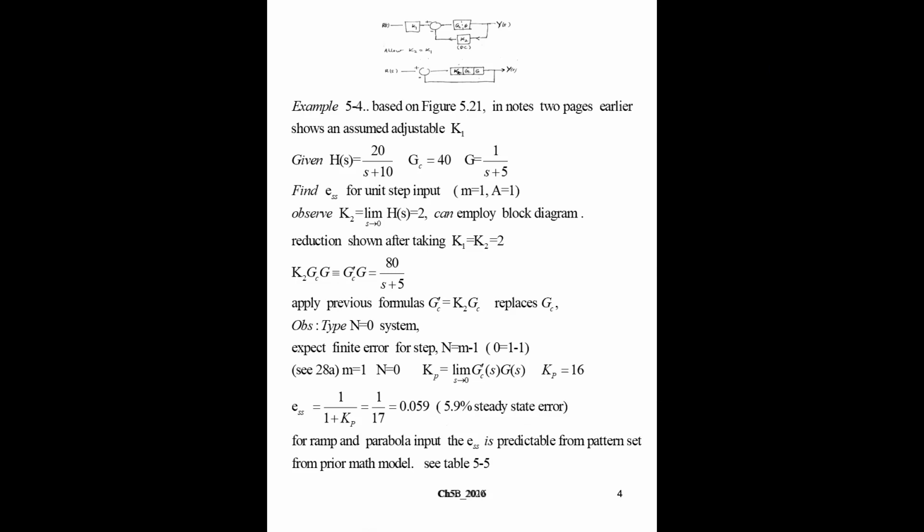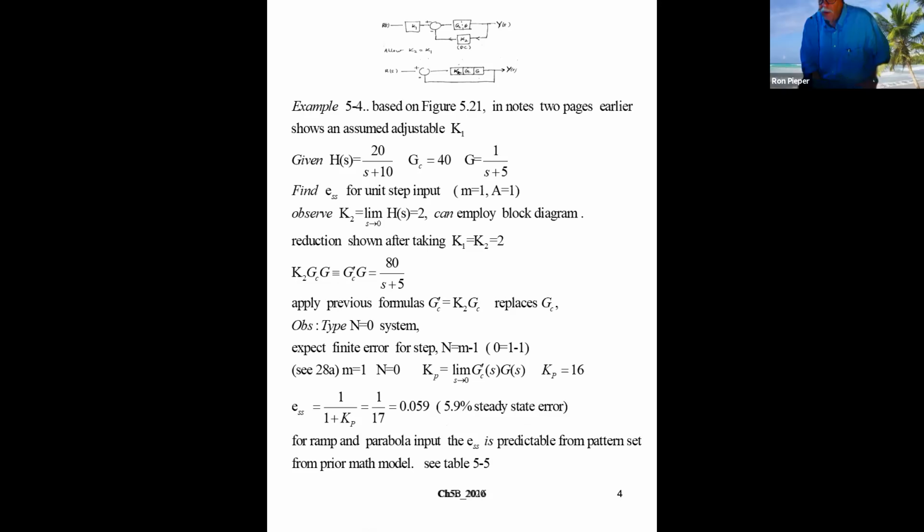Why are we starting with something that's not a unity feedback if we end up manipulating it to be a unity feedback? Well, that's a good question, and I think the answer that hopefully helps is that we don't know. The line of reasoning that we're using here is, the problem you're given initially would not be a unity feedback.